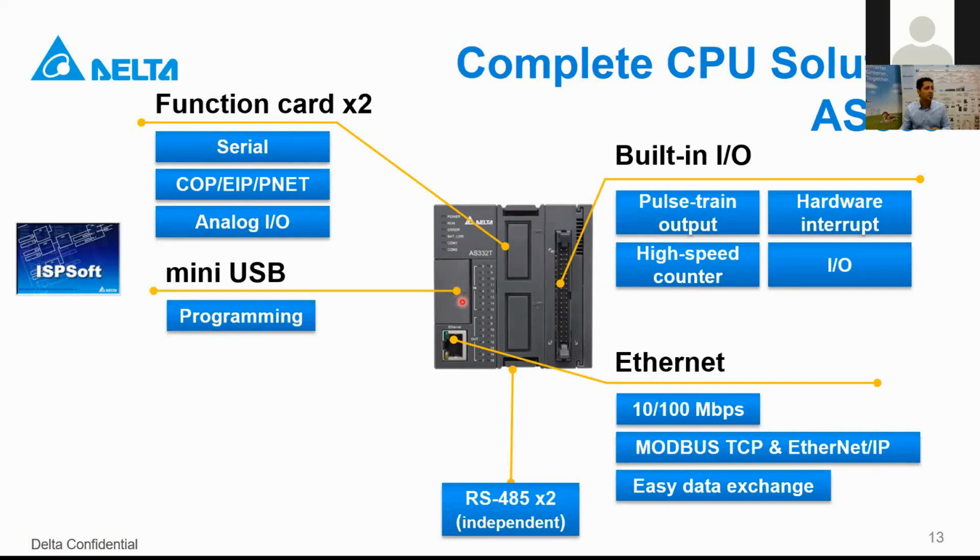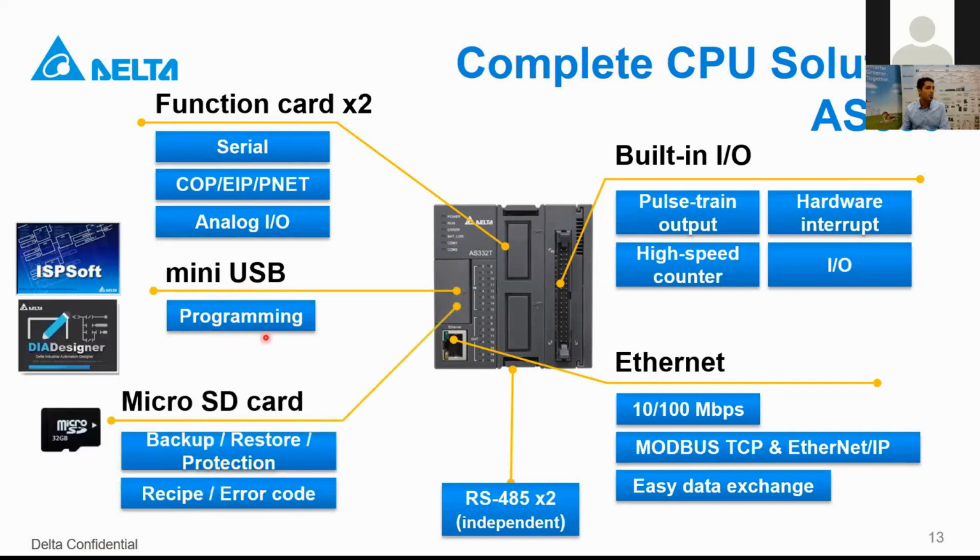And here under this cover, there is a mini USB, and it can be used for programming. And this programming can be used for 2 environments, ISPsoft and DIADesigner. And we have also micro SD card in it to backup or restore the PLC project or receive error code logging.